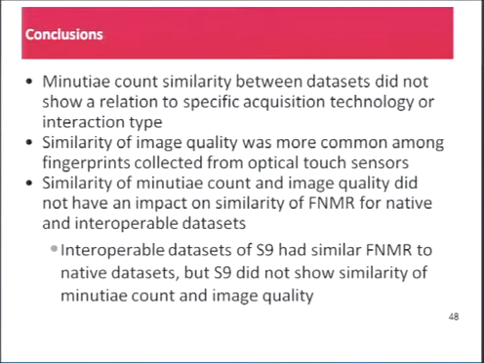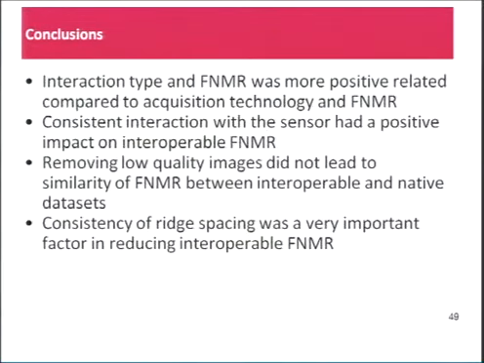And one of the datasets that actually stood out was S9. The interoperable datasets of S9 had similar false non-match rates to the native datasets, but S9 did not really show similarity of image quality or minutia count. So that was one of the interesting conclusions.